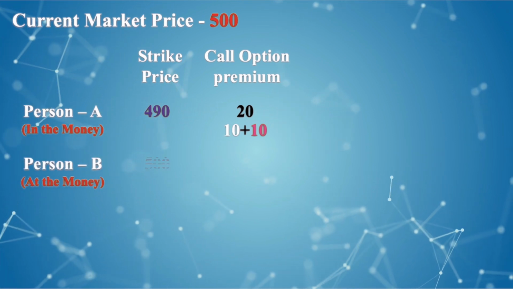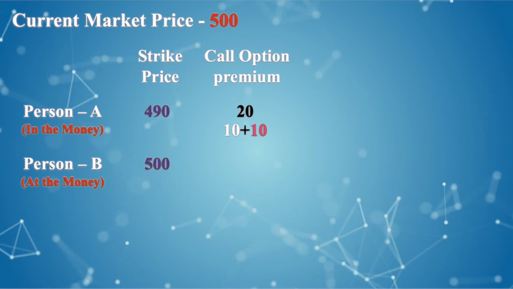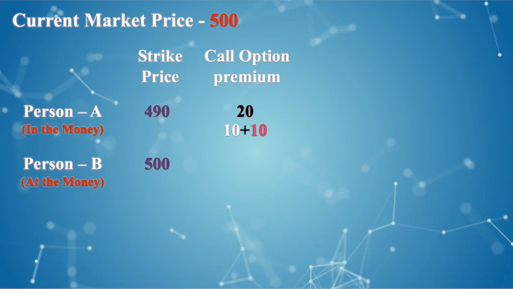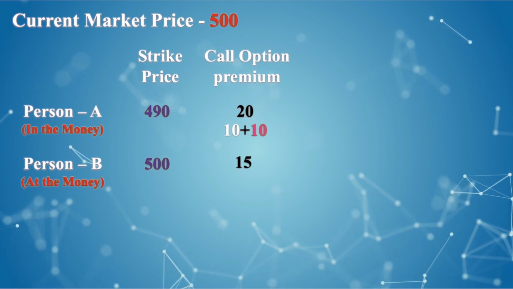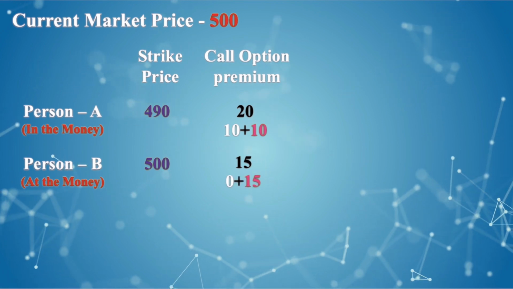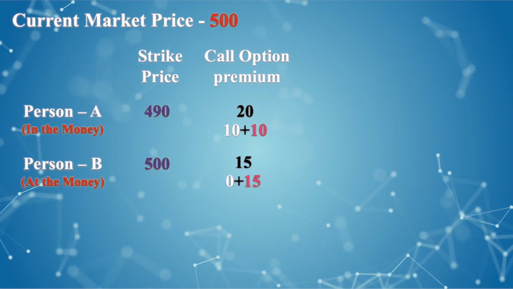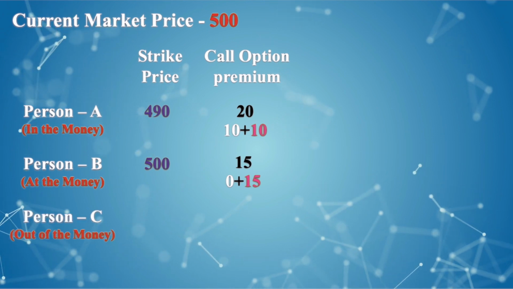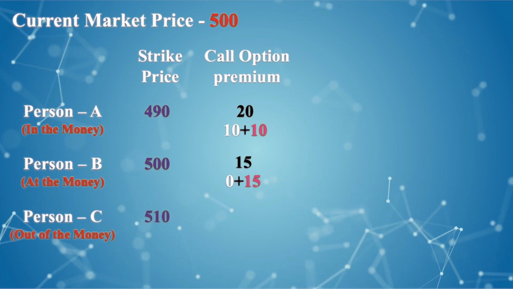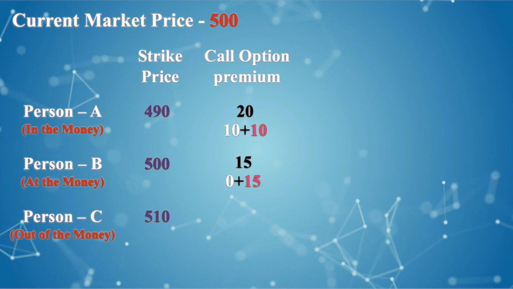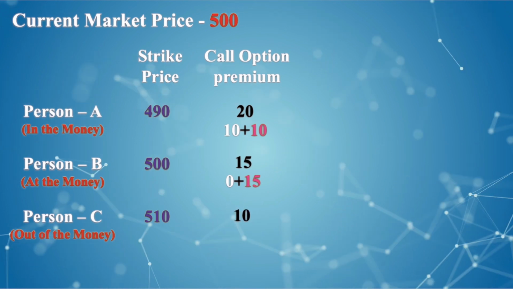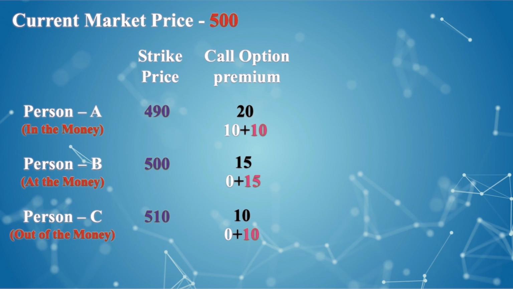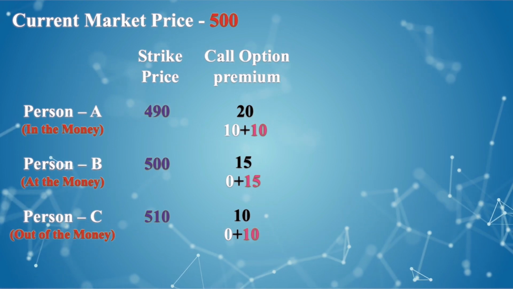Person B buys at the money option at 500 rupees strike price by paying a 15 rupees premium, which consists of 0 intrinsic value and 15 time value. Person C buys out of the money option at 510 rupees strike price by paying a 10 rupees premium, which consists of 0 intrinsic value and 10 rupees of time value.